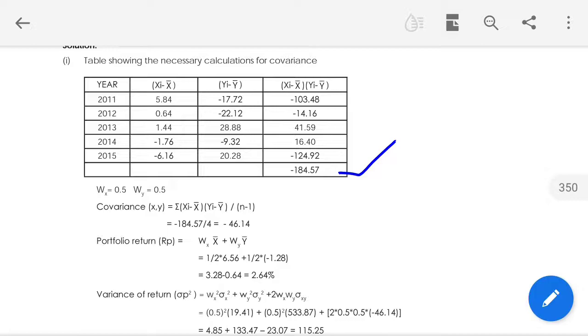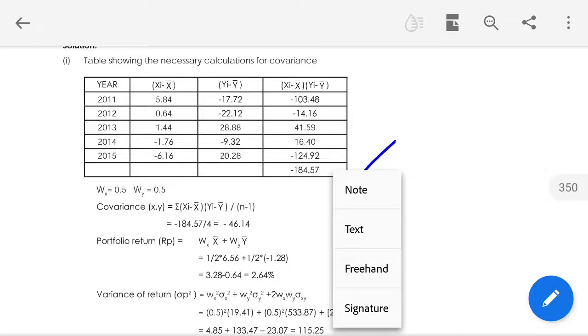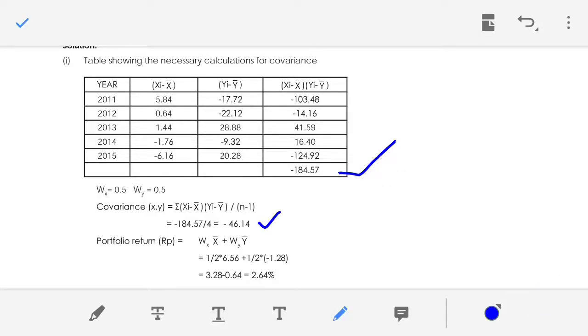N minus 1 means number of years minus 1. So we have total value 184.57, that is a minus value, divided by 5 minus 1. Number of years given is 5, so 5 minus 1 is 4. So the net amount will be a negative value since the total is negative. So covariance is how much? 46.14, that is this one.